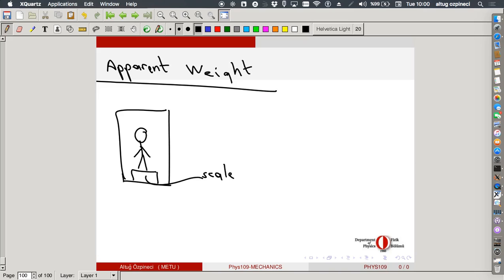What are the forces acting on you? Okay, so this is you. Let's say your mass is m. This is the free body diagram of you. Now, what are the forces acting on you? Beyond the usual suspects?